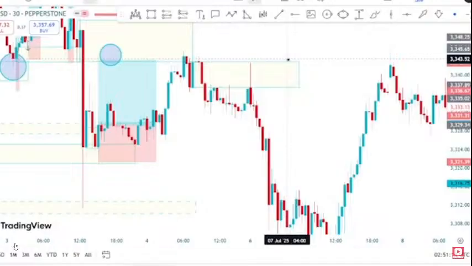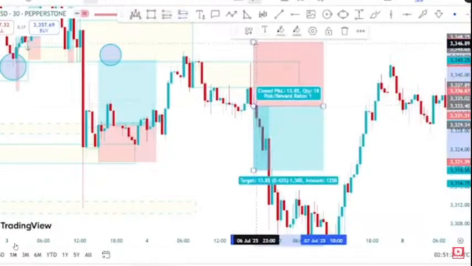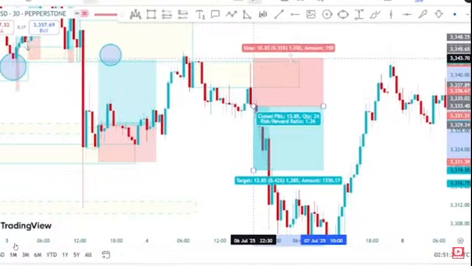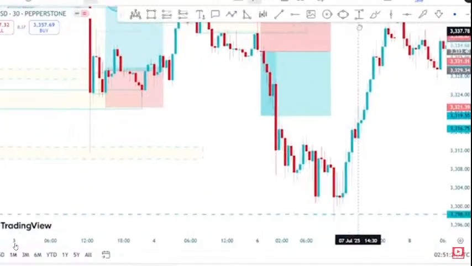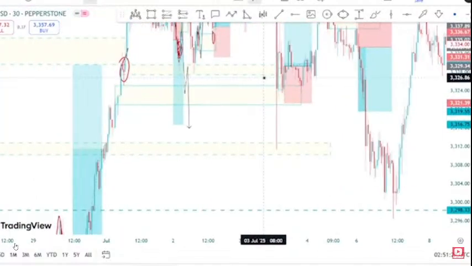If you are someone who follows on the live chat from this channel, you remember all these trades. Okay, stop loss was from the high, anticipating to continue moving down to balance the previous areas.